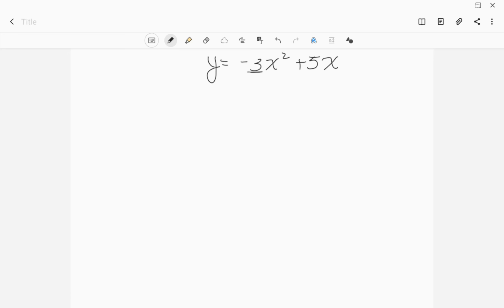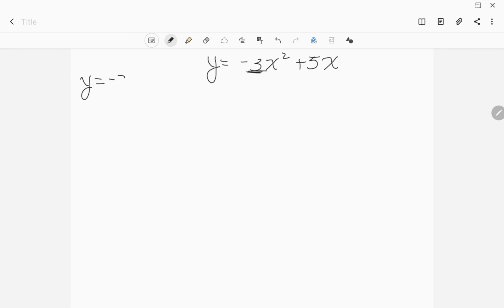That's good. But the number in front of the x squared is a negative 3. I have to take the negative 3 out.